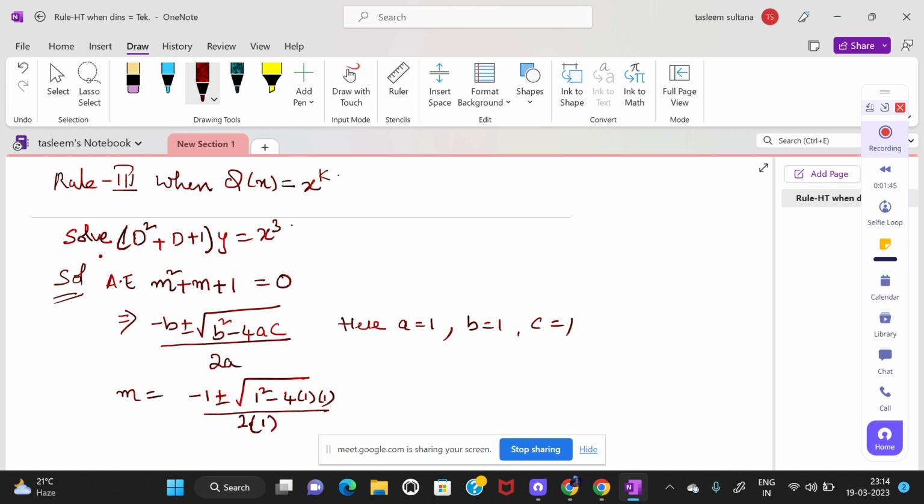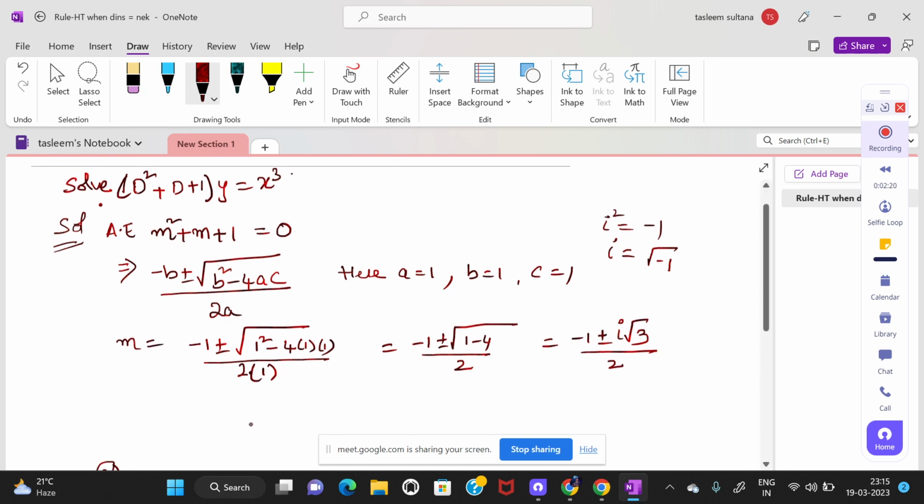It equals minus 1 plus or minus under root of 1 minus 4, divided by 2, which equals minus 1 plus or minus i root 3 divided by 2, where i square equals minus 1, i equals root of minus 1. So 1 minus 4 will give you minus 3. So under root of minus 3, you can write root of minus 1 equals i.